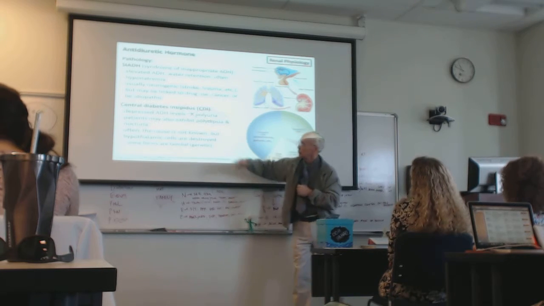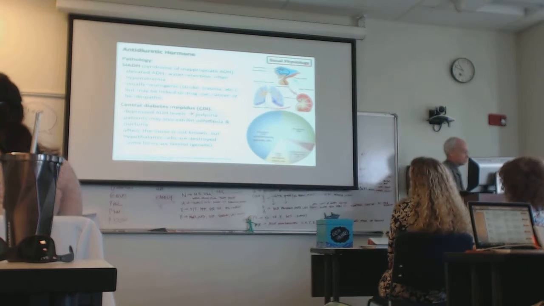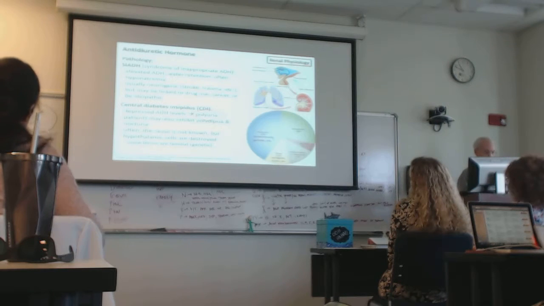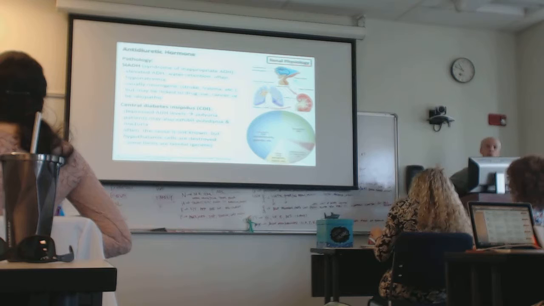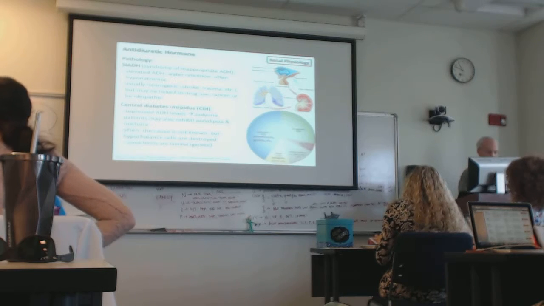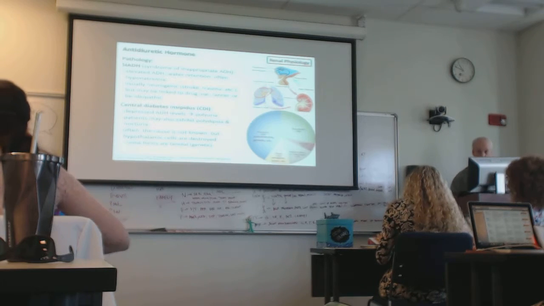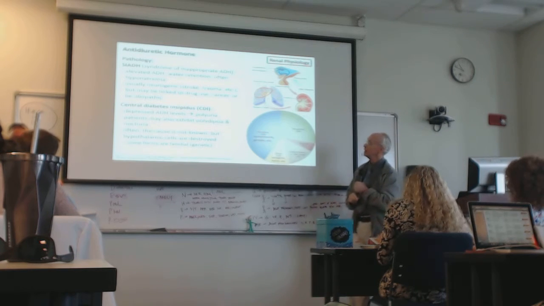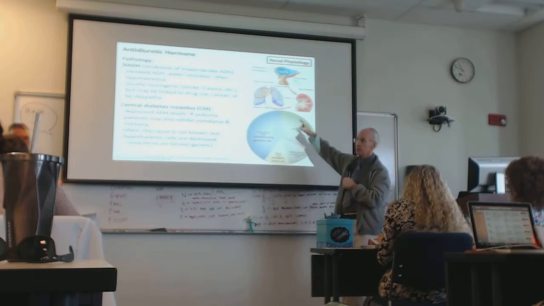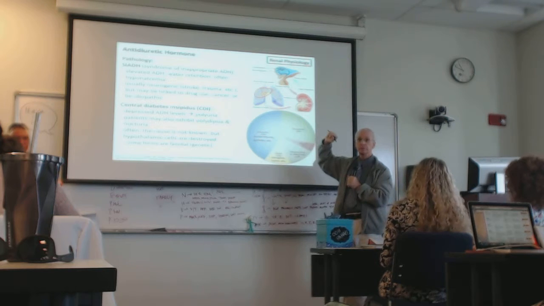But generally there is a loss of hypothalamic regulation. In SIADH, I don't know if you can see this little illustration up here, one of the common causes of inappropriate release of ADH is small cell lung cancer. This seems to be associated with ectopic release of ADH. What do we mean by ectopic?